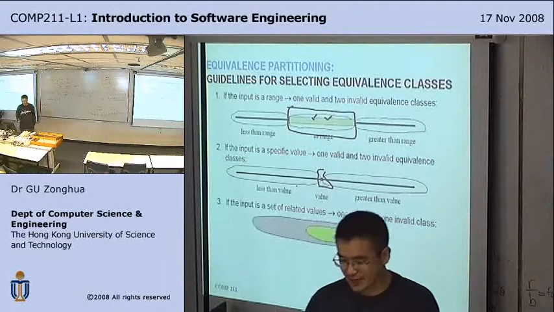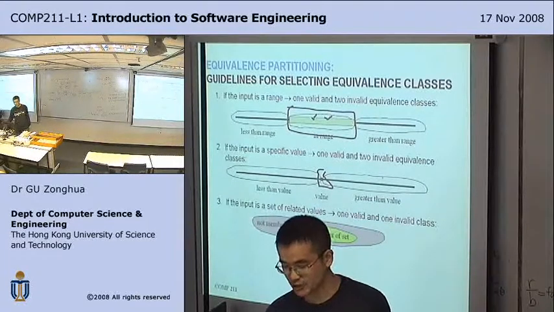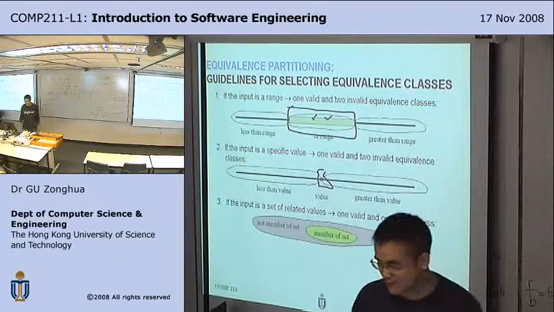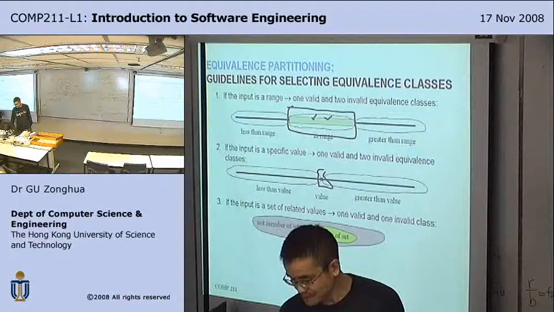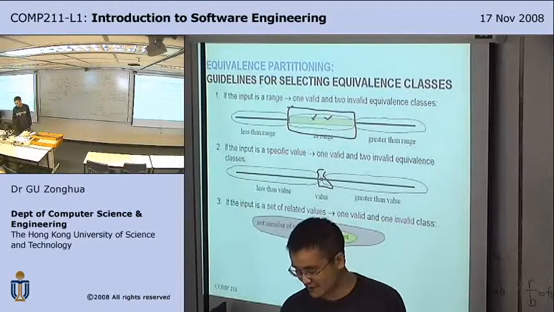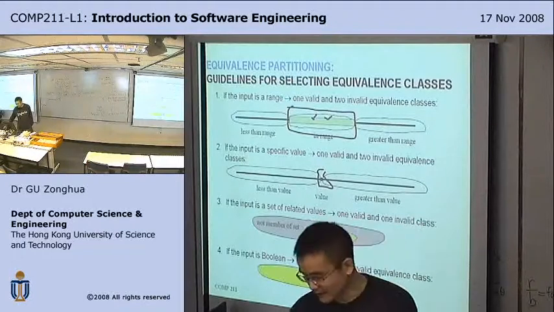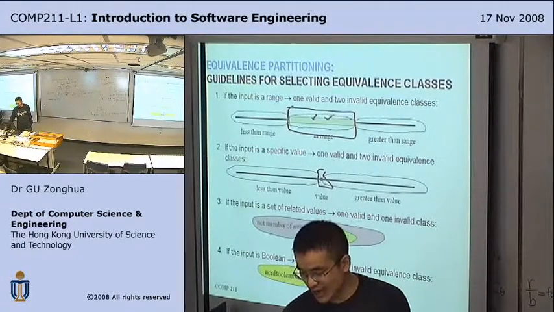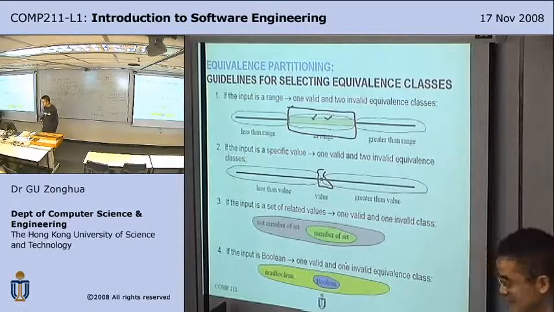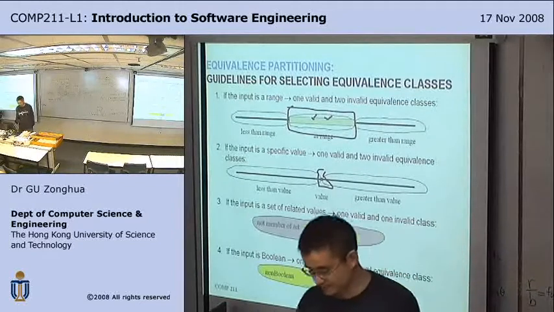If the input is set-related, then you have two equivalence classes, also called partitions: member of a set or not member of a set. A member of the set is the valid class, and not a member of the set is an invalid class. And if the input is a Boolean variable, then you have one valid class, which is a Boolean value, and one invalid equivalence class, which is a non-Boolean value, that is floating point or integer.